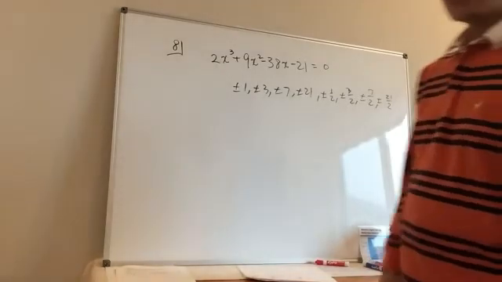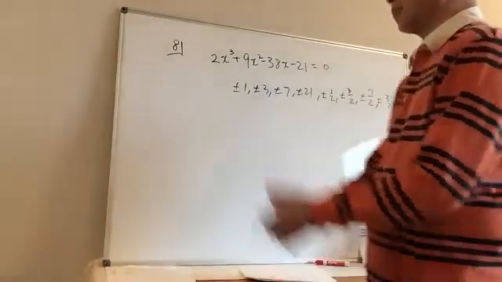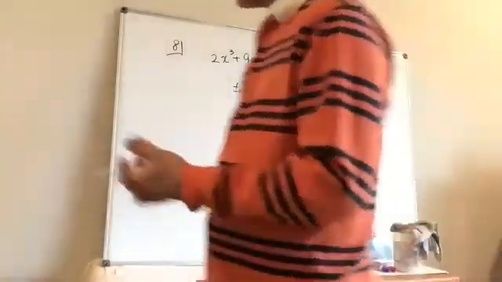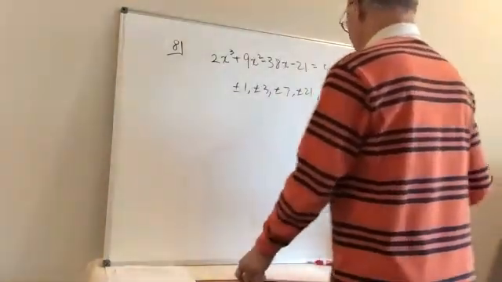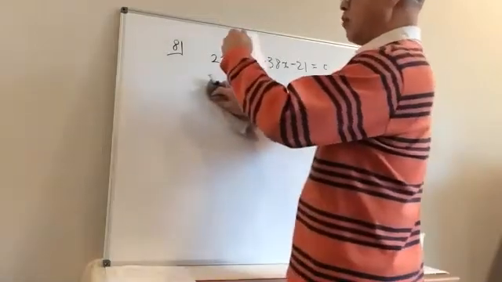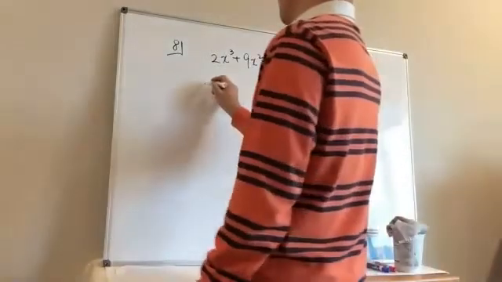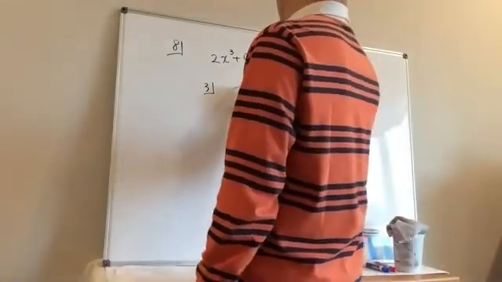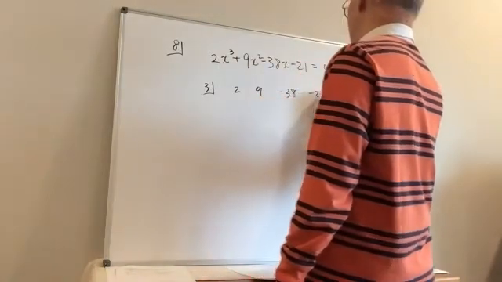So what did I tell you to do if I have 16 different chances here? Graph it. Just go ahead and graph it and find out where it is, and then you can show it by synthetic division. If you graph this, it looks like there's going to be one at 3. So let's use 3: 2, 9, negative 38, negative 21.